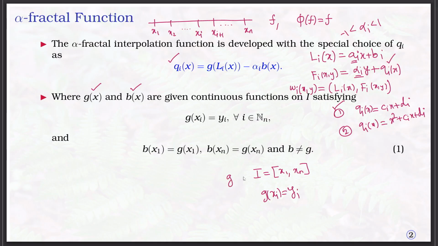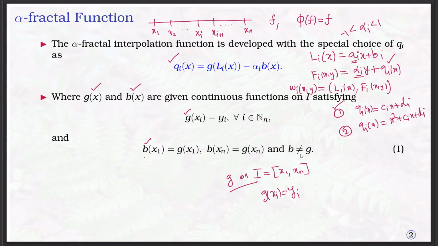G is a continuous function on I as well as passing through the given set of data, and the b function is also continuous on I and b satisfies b of x1 equal to g of x1 and b of xn equal to g of xn, whereas b and g are not identically the same functions. So, at the endpoints the function b and the function g are the same, whereas at the remaining points they are not the same function.